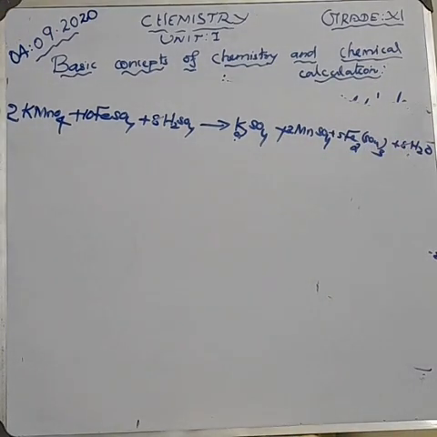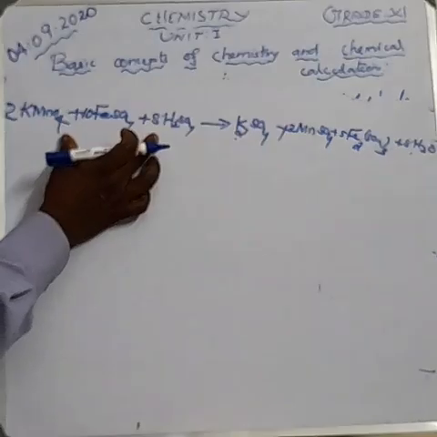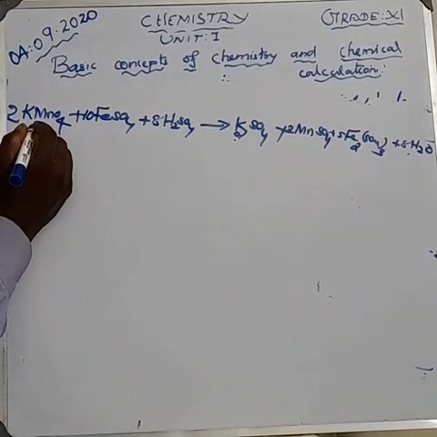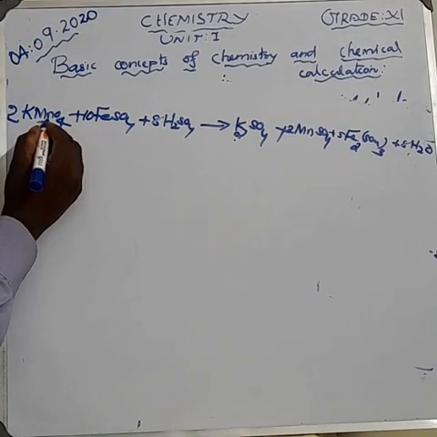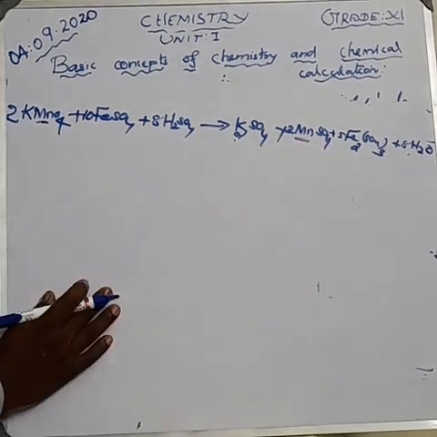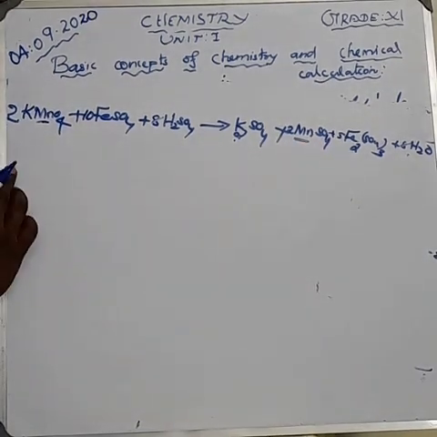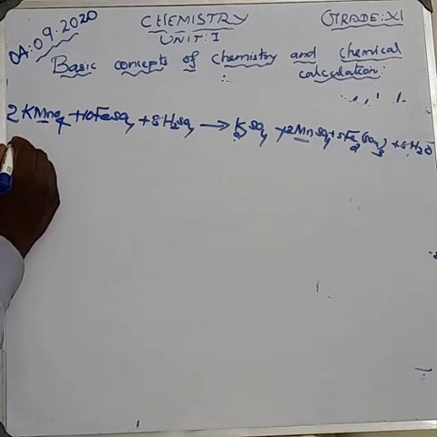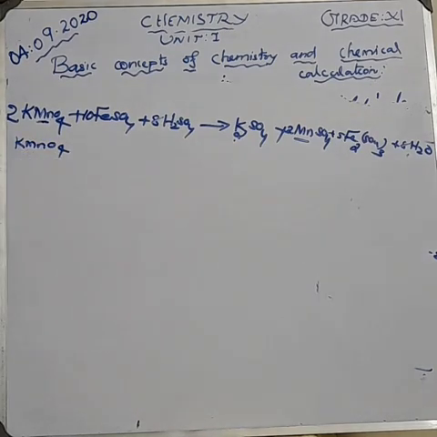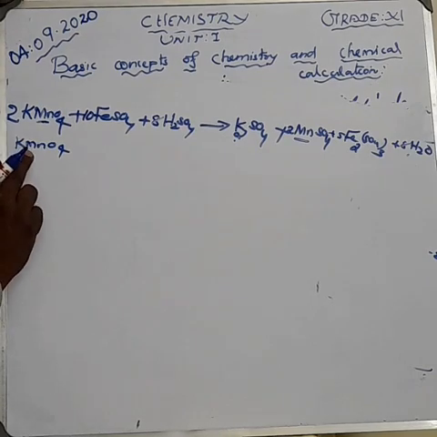Now you should find out the oxidation number for the reactant and the oxidation number for the product. First find out the oxidation number of Mn on the reactant side and also Mn on the product side. First, KMnO4.